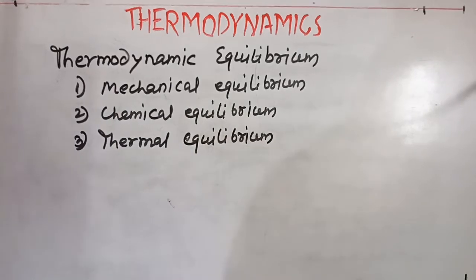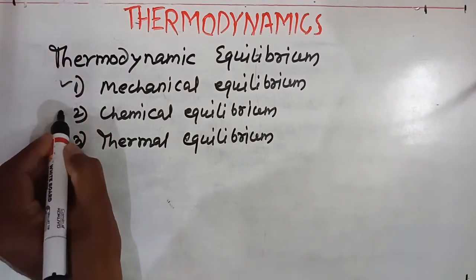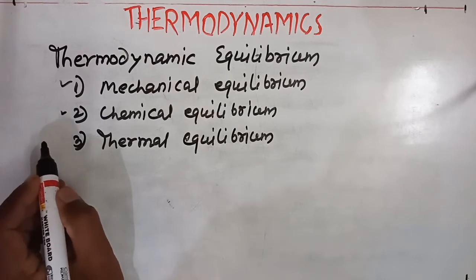When that system is simultaneously in mechanical equilibrium, chemical equilibrium, and thermal equilibrium, then we can say that that system is in thermodynamic equilibrium. Now let us see one by one this mechanical equilibrium, chemical equilibrium, and thermal equilibrium.